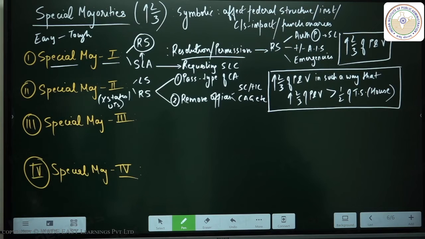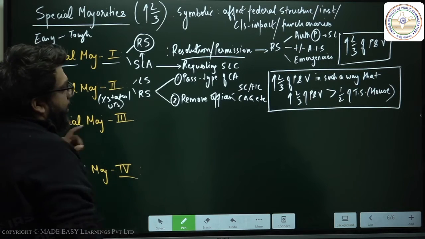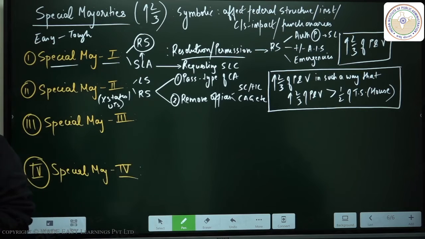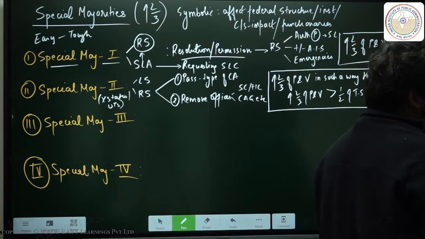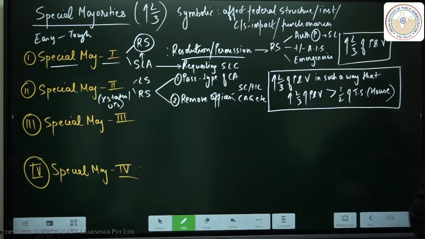More than 2/3 of present and voting in such a way that it is more than half of the total strength of that specific house. ठीक है? ये फॉर्मूला से नहीं समझ में आएगा, ये एग्जाम्पल से समझ में आएगा.